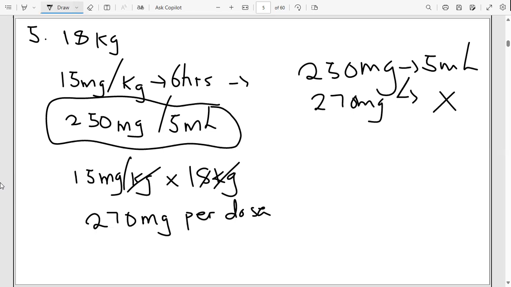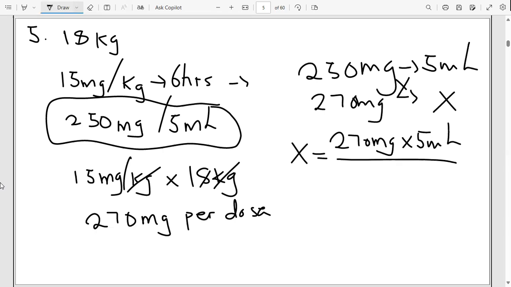So we can just cross multiply here, such that X, which is the volume in mils, is equal to 270 milligrams multiplied by 5 mils, divided by 250 milligrams.